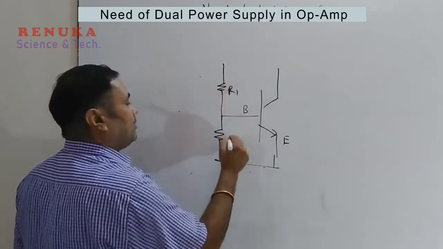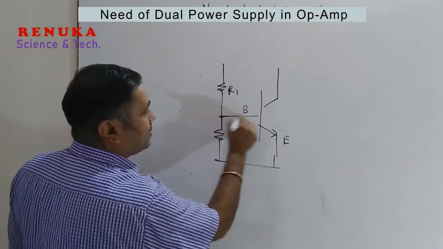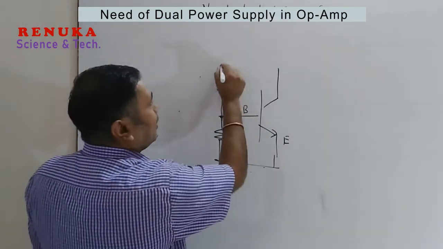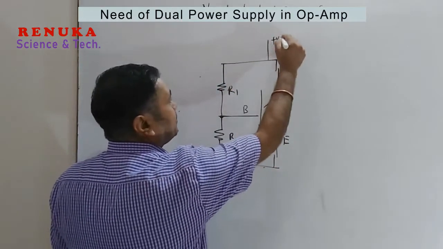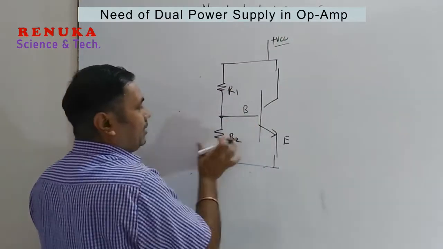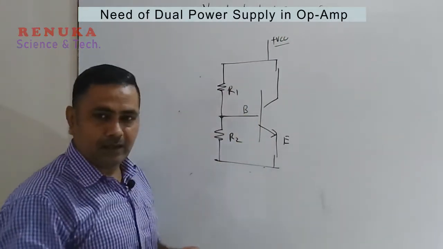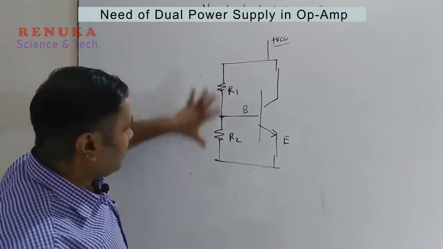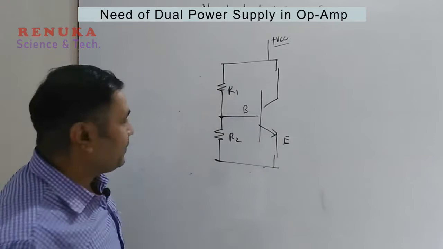So the voltage divider is made of R1 and R2, and the middle terminal is connected to the base of the transistor, and one terminal of R1 is connected to plus VCC. So the required voltage can be obtained by changing the values of these resistances. So this type of biasing is called voltage divider biasing.